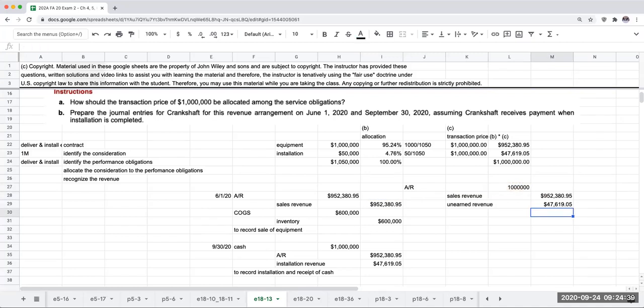Now my problem with this, and you've heard me say this before, is that this is a gross up of the balance sheet. What I mean by that is that you're basically recording revenue for work you haven't yet performed. And so that's why I'm doing it this way. I'm not doing it the way that the book is doing it.